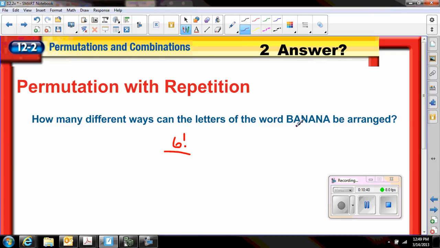Because the A repeats 1, 2, 3 times, I'm going to take my 6 factorial and divide by 3 factorial. I also have an N, which repeats twice, so I will also divide by 2 factorial. The B for banana only appears once, so I don't have to necessarily put that. I can if I want, by simply writing 1 factorial, but 1 factorial is just 1, so it's not going to affect my problem at all. It doesn't hurt either way, whether or not you have it.